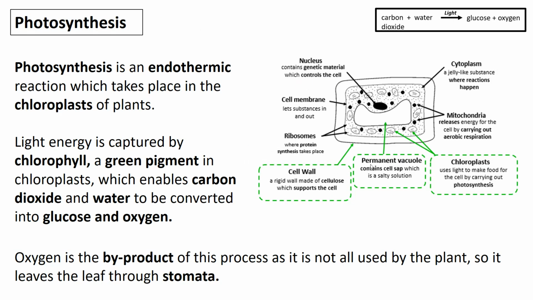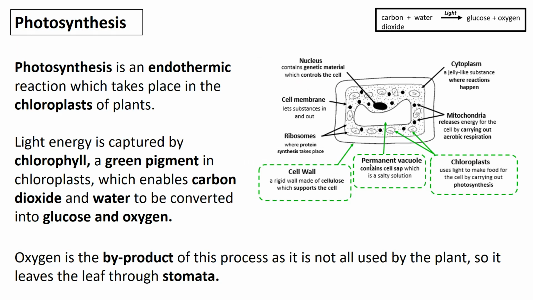And inside the chloroplast is a chemical called chlorophyll, which is a green pigment or a green colour, and that captures the light energy in order to turn the carbon dioxide and water into the glucose and oxygen. So without chlorophyll present, you couldn't capture the light energy. So a lot of questions are dependent on that knowledge of chlorophyll being present, therefore photosynthesis can take place.